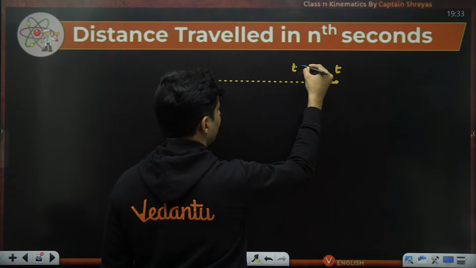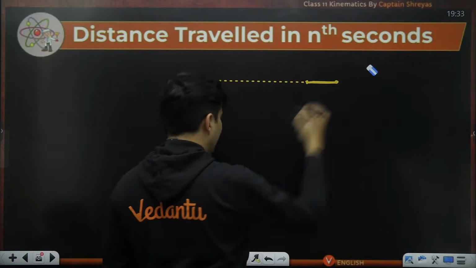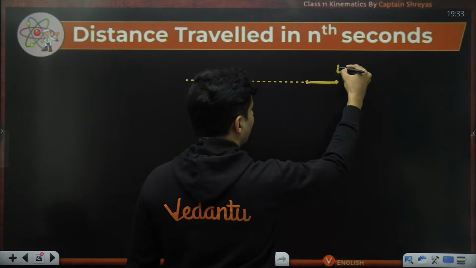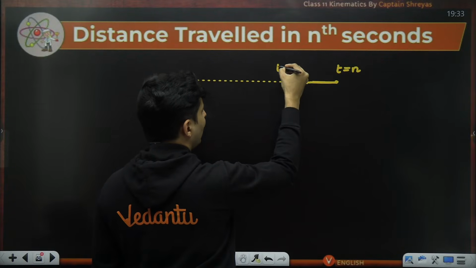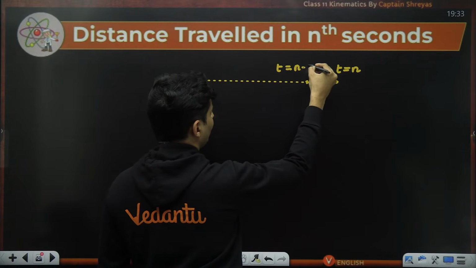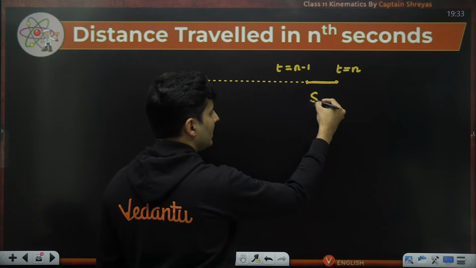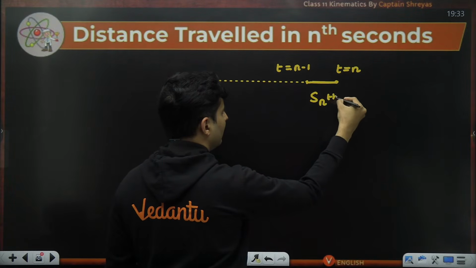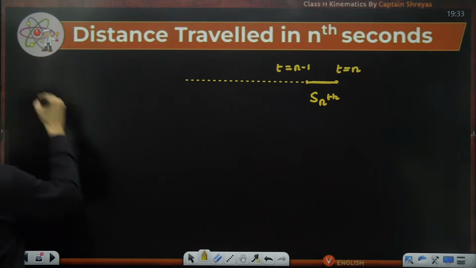So t minus 1. So let's say over here the time is 5 seconds, 3 seconds, whatever. You go back exactly 1 second before. This displacement that you do is called the displacement in the nth second.